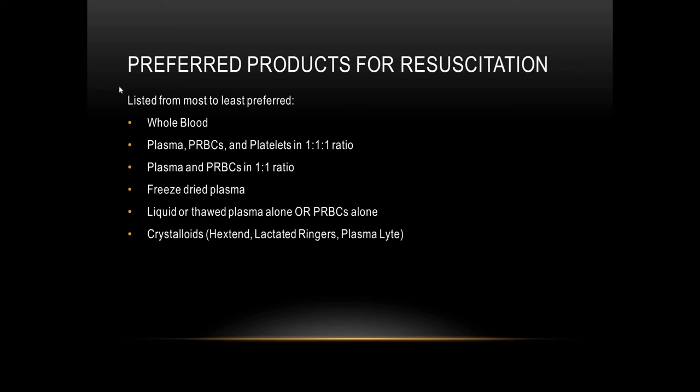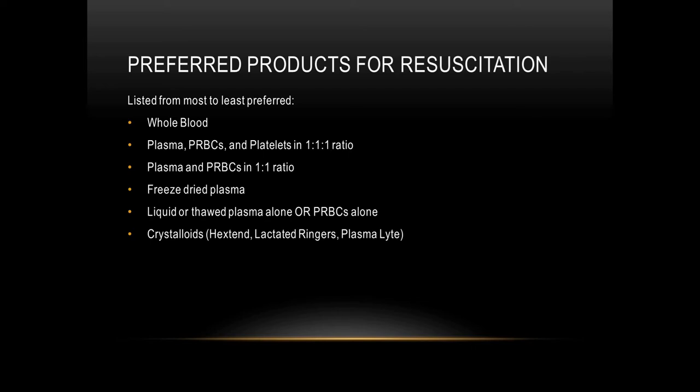So as we can see, the best thing that we can give them is whole blood. It's got everything that we need. So the next best thing, we move into plasma, packed red blood cells, platelets, given in a 1-to-1-to-1 ratio. So in a sense, we're giving whole blood. It's just now it's in 3 different bags.